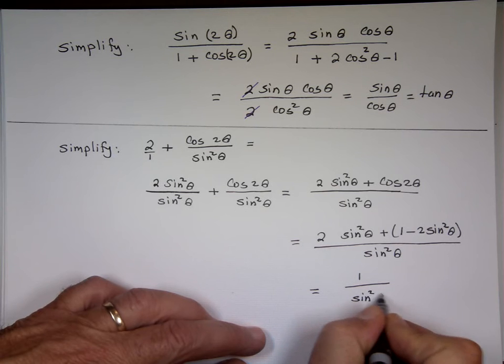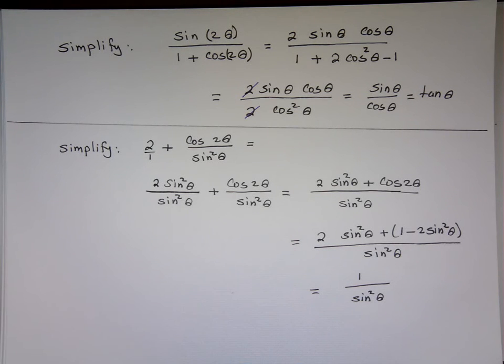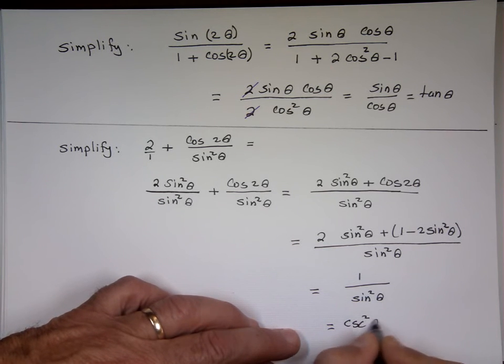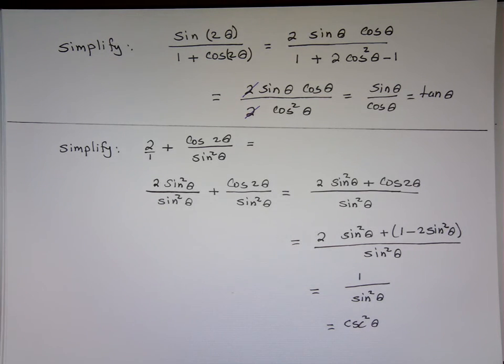What is 1 over sine squared theta? 1 over sine is what? Is that cosecant? So it's cosecant squared? Yep. So that's the cosecant squared theta.